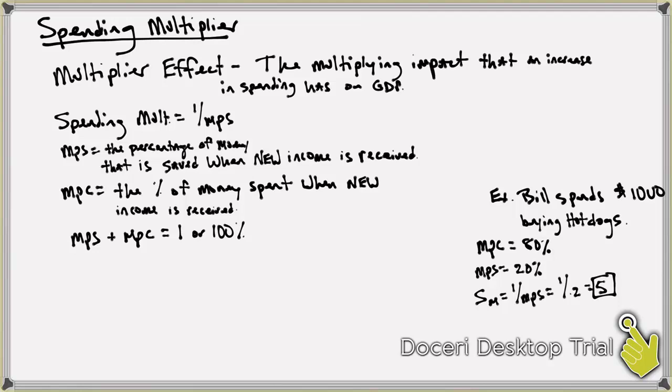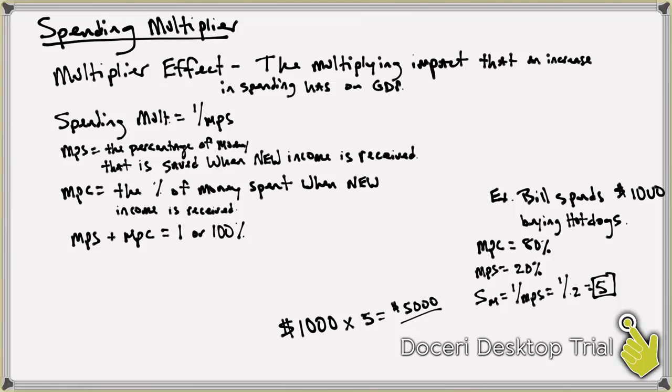Now, the importance here is that we want to take the amount that Bill is going to spend, which is $1,000, times our spending multiplier, which in this scenario is 5, and that gives us an answer of $5,000.